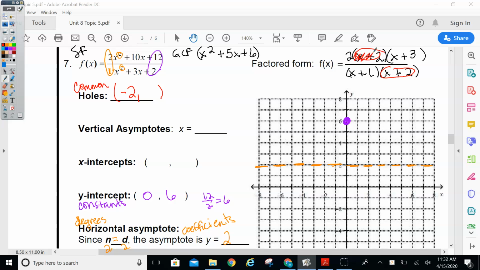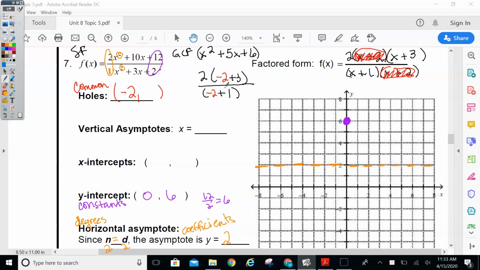So here, let me cancel this out and cancel this out. So I'm going to plug a -2 for the x in the numerator. So we have 2 times -2 plus 3. And plug it in the denominator, -2 plus 1.